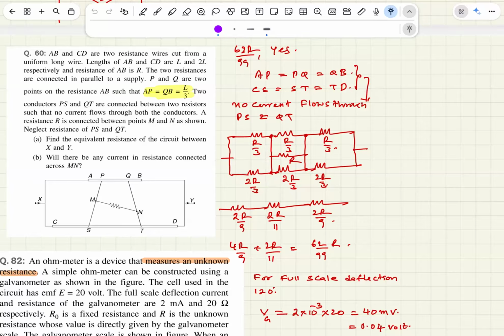If current goes in conducting wires, till the point you don't connect this, but you have connected this.